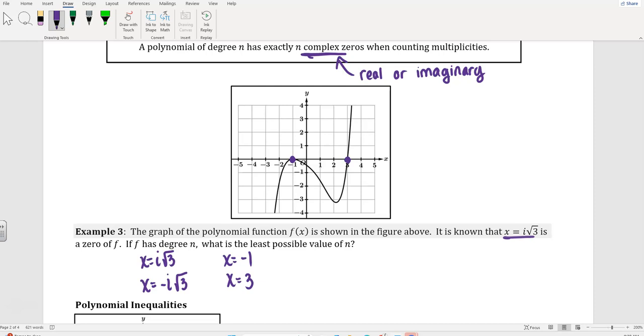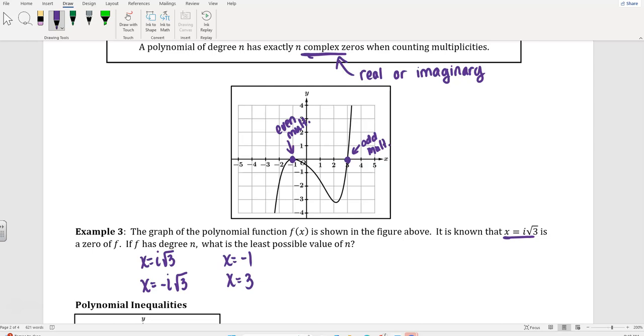From the graph I can tell that at x equals 3 I have an odd multiplicity, and at x equals negative 1 I have an even multiplicity because the graph is tangent to the x-axis. It just goes up and bounces off of the x-axis. So I know for sure that I have an odd multiplicity here, and an even multiplicity here. Now, you cannot answer the question how many complex zeros does this function have?